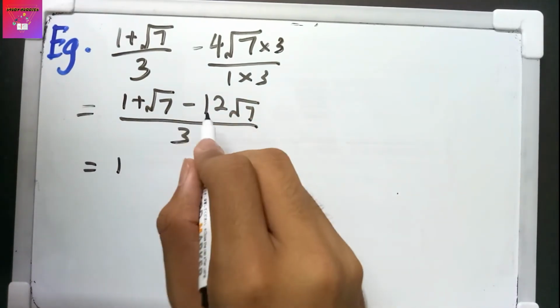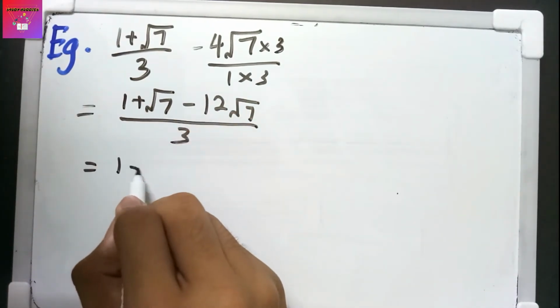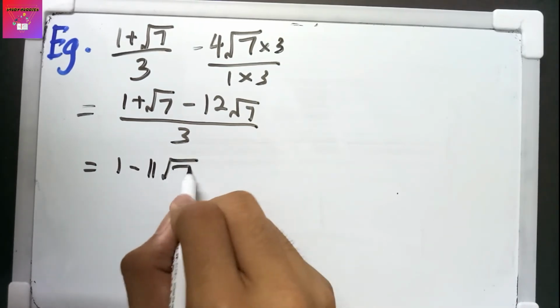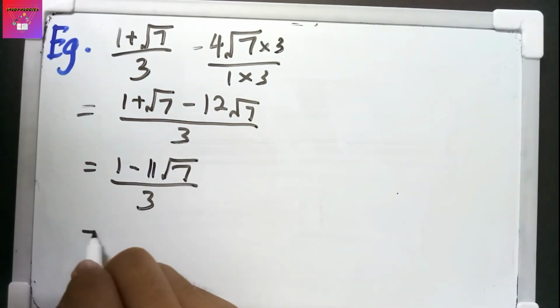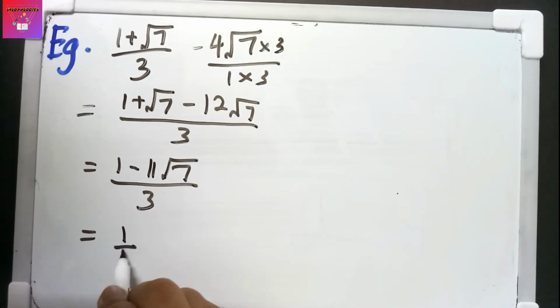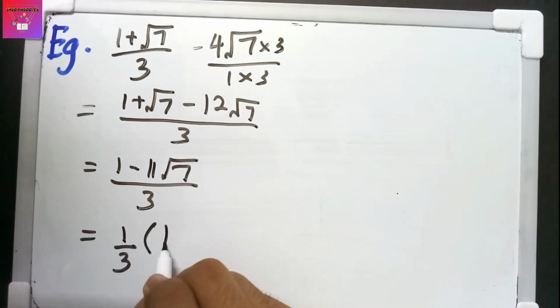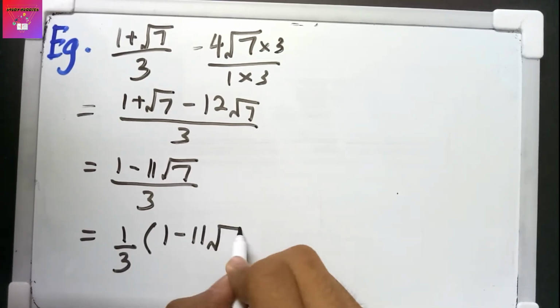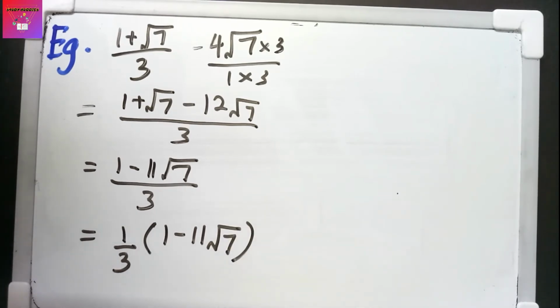So 1, negative 12 plus 1 would be negative 11 over 3. So we just simplify this into 1 over 3 bracket 1 minus 11 surd 7. So this is the answer for this question. I know it is a very long calculation, but please do jot down so it would be easier for you to follow. Okay, so let's move on to our next example.